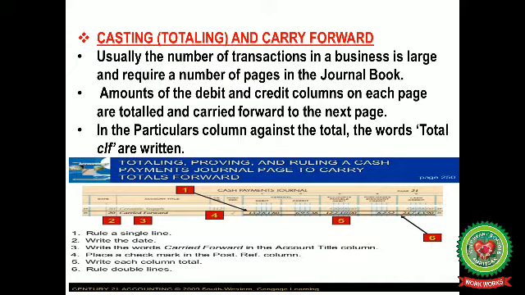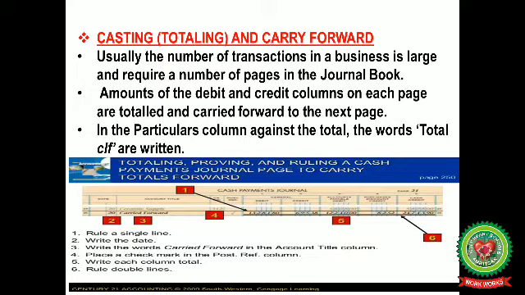So, you have all been passing journal entries, and as I told you in your online classes also, suppose that in a question there are about 15 to 20 transactions to be passed in one sum, and if the transactions are not covered in a single page, then you have to take the totals of the same page to the next page. To follow the same approach, in the particulars column, we will write total carried forward or total brought down.